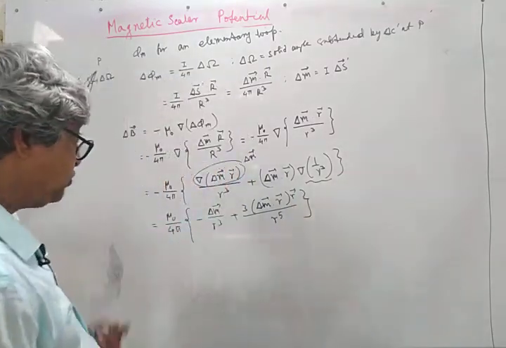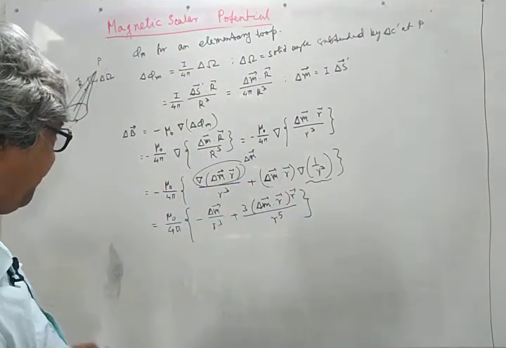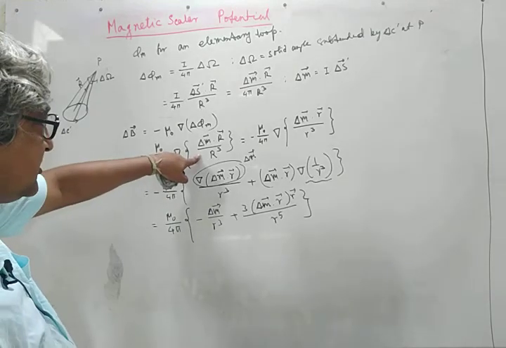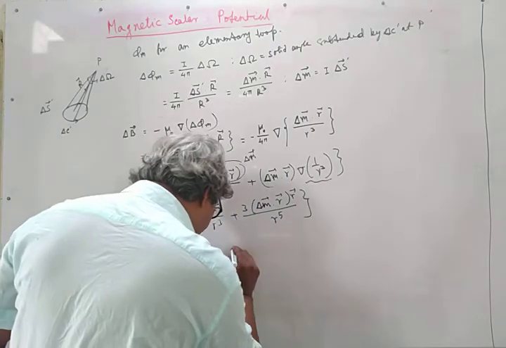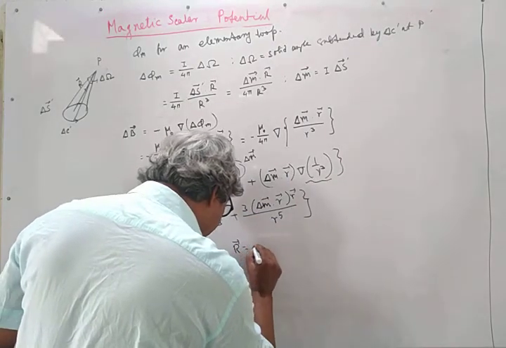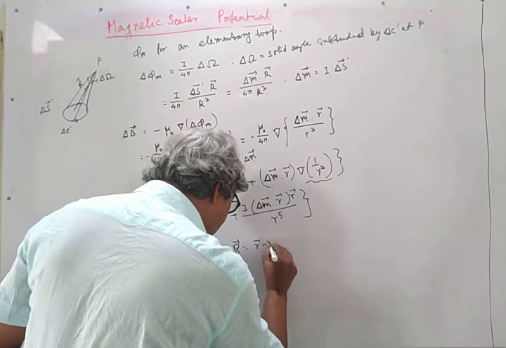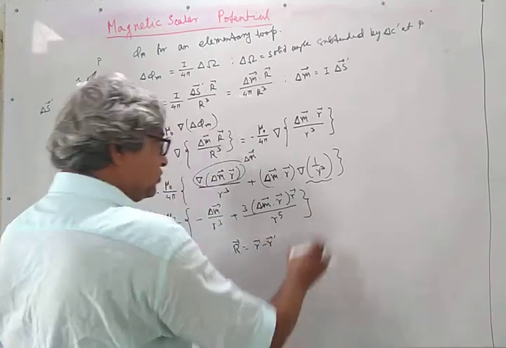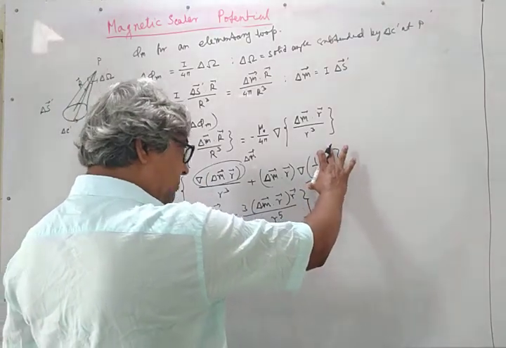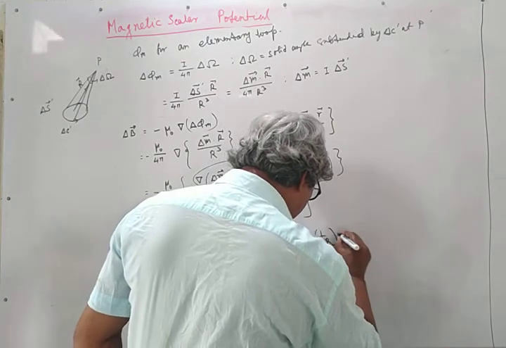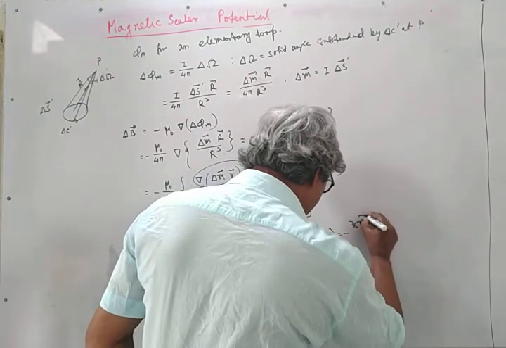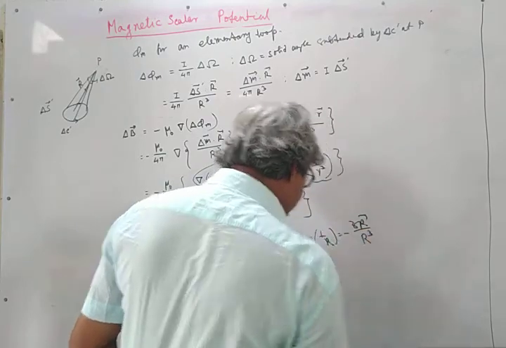One could also calculate the field by taking this form. In that case, the only change will be that r is replaced by r minus r prime. So the gradient of 1 by r is minus 3r by r to the power 5.